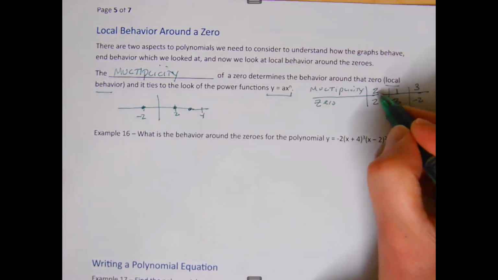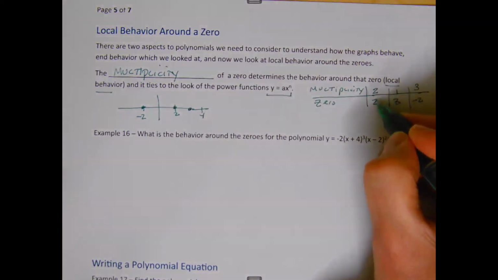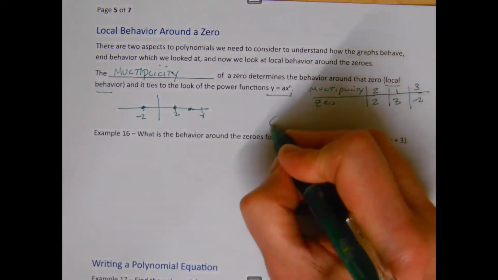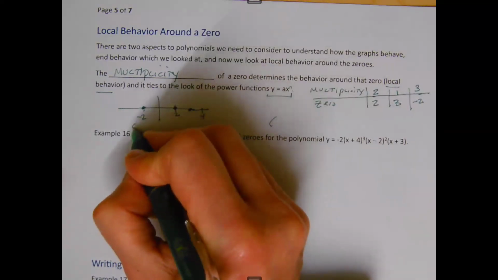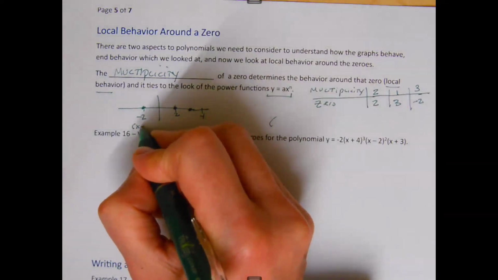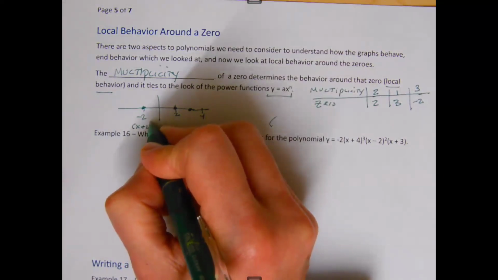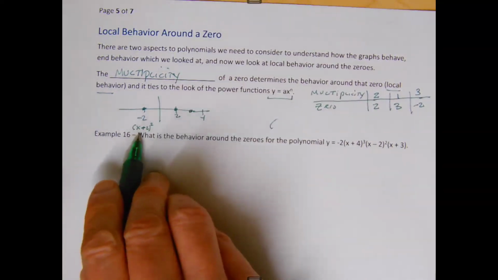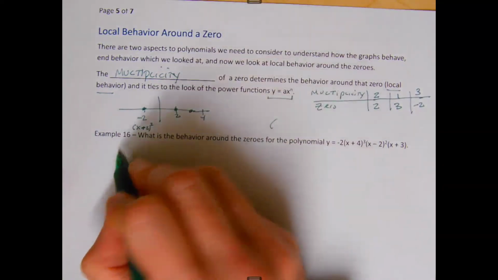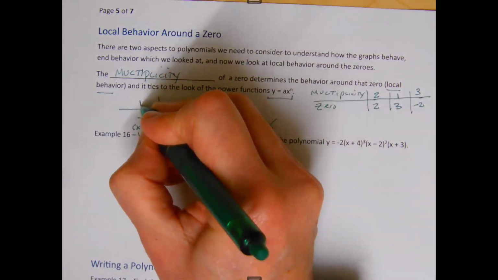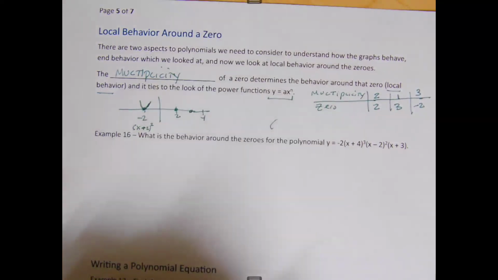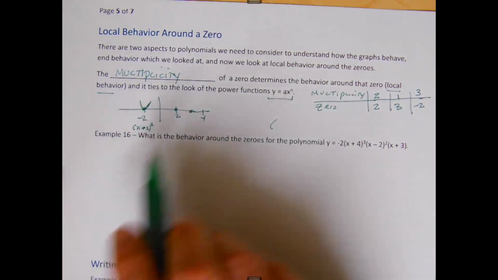For example, the zero of 2 with multiplicity 2 means that right around this zero it looks like a quadratic. It's going to look like a little parabola right around that zero.